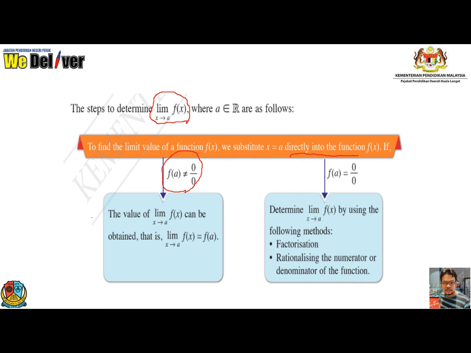But if f(a) is equal to 0 over 0, then to determine the limit, we have two other methods: the factorization method, and the method of rationalizing the numerator or denominator of the function.